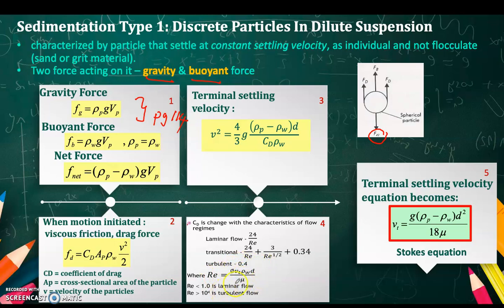Later you will see the importance of determining the terminal velocity by solving this equation, where rho p is the density of the particle, rho w is the density of water, mu is the viscosity of the water or any liquid the particles are in, and d is the diameter of the particles.